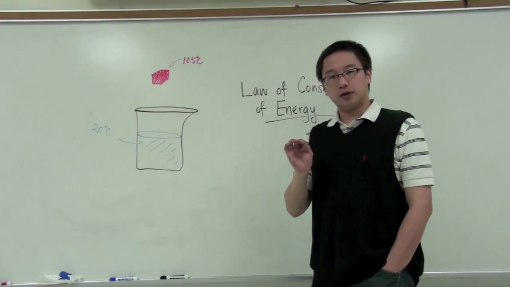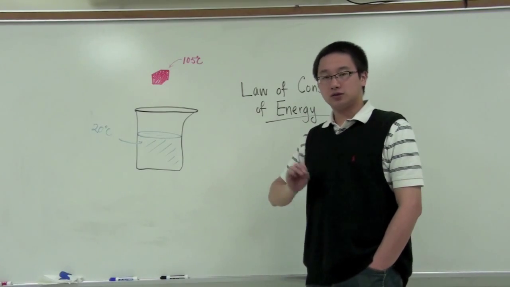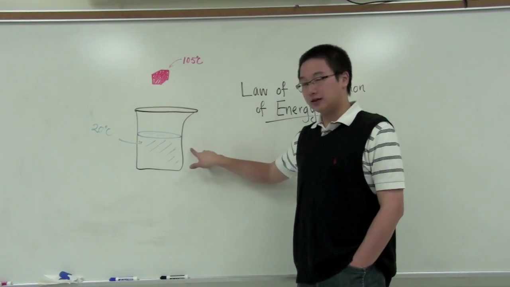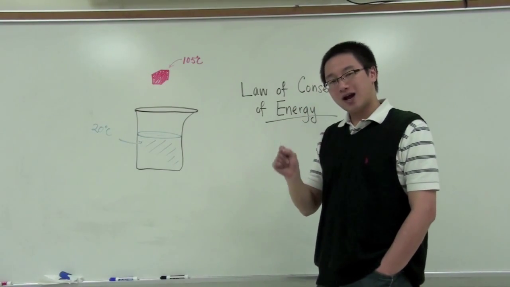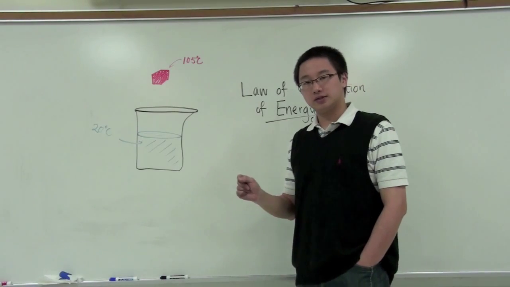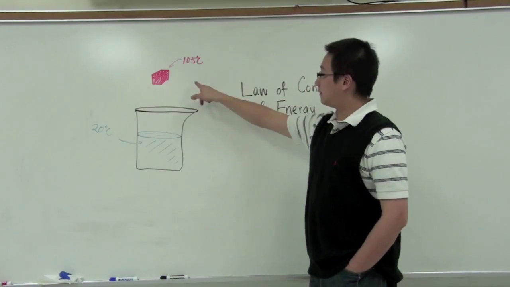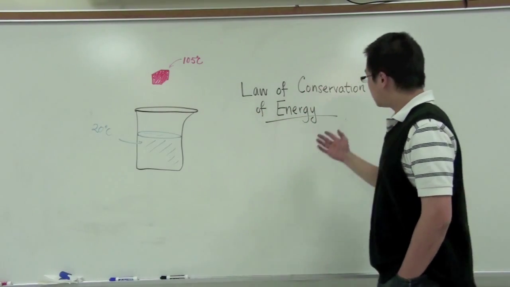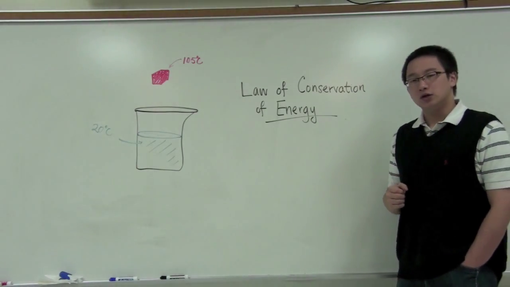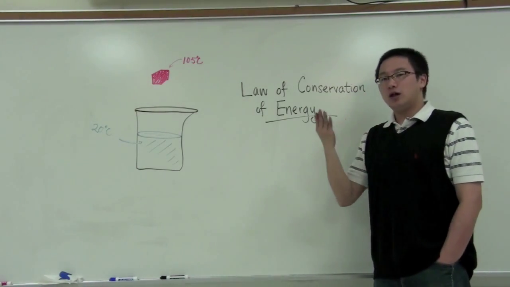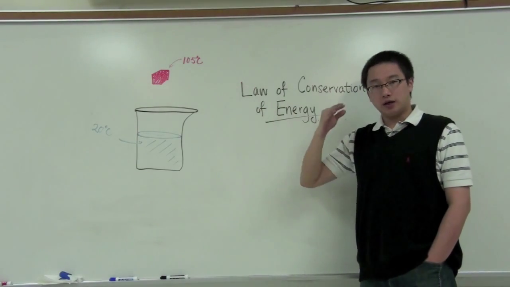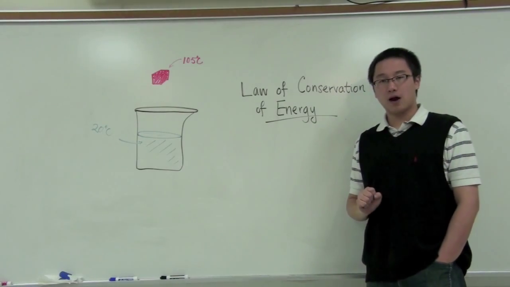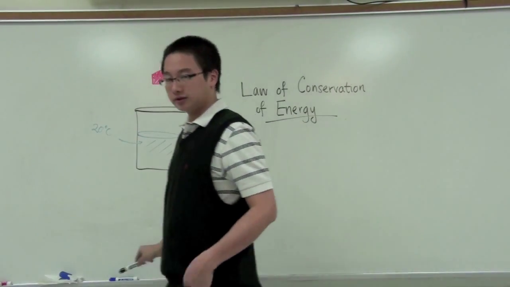We are going to assume that there is no energy loss or transfer between the water and the air, and the water with the container. So the only energy transfer possible in this process is going to be assumed to be that between the copper block and the water. So let's look at the law of conservation of energy. The amount of energy lost by the copper block is all going to the water. So let's make a mathematical statement.